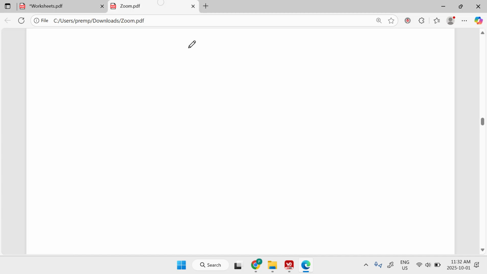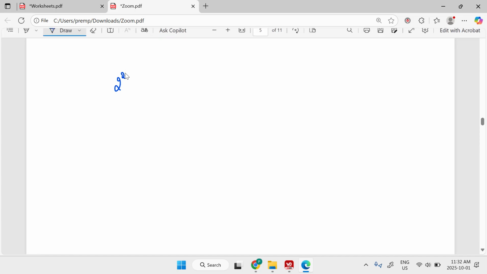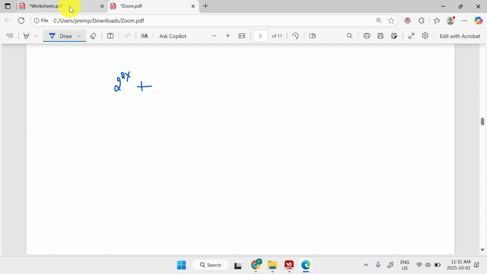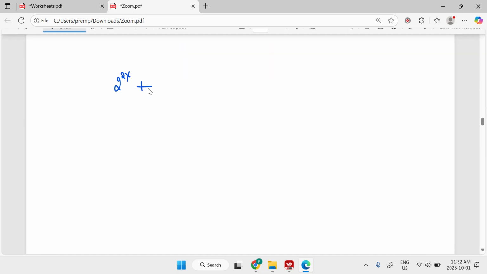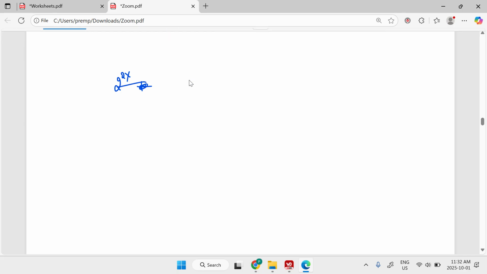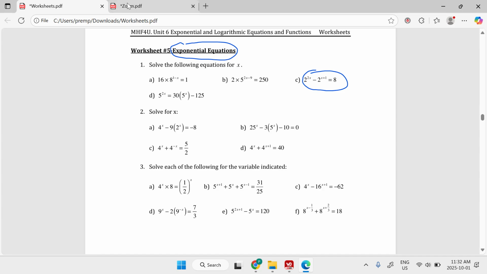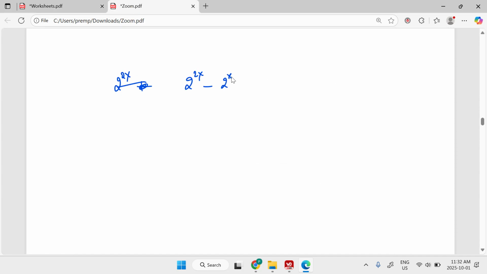Let's try to do it. 2 power 2x plus, oh sorry, it's minus, not plus. So right here, let me write it again. 2 power 2x minus 2 power x plus 1 equal to 8.